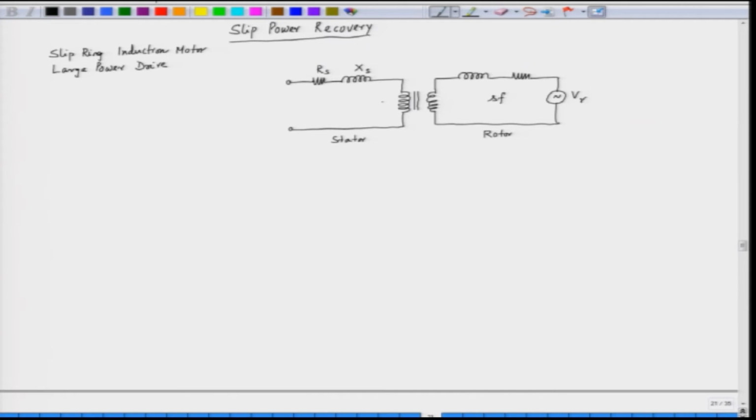Here, the induced EMF of the stator is E1, and the rotor induced EMF is E2, but we have a slip S. So, this is S into E2. E2 is the standstill rotor induced EMF.